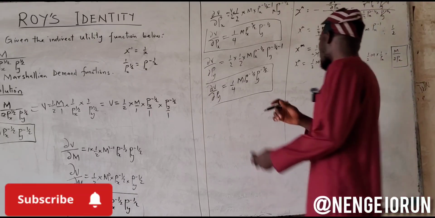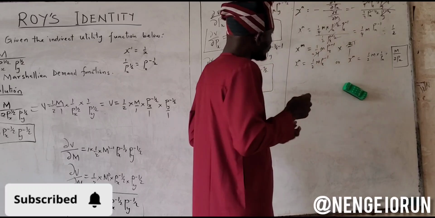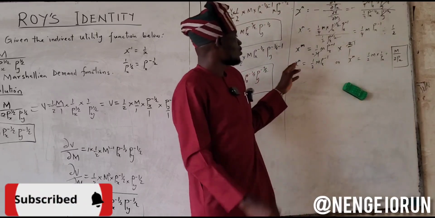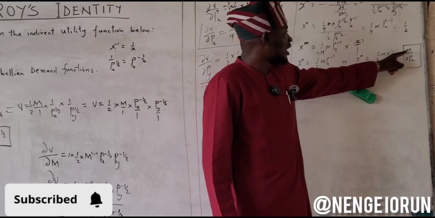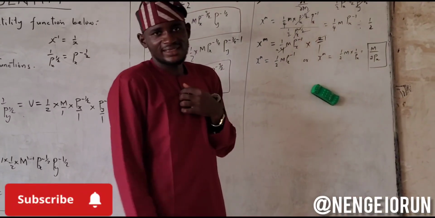So the Marshallian demand function for commodity X is equal to m over 2px.